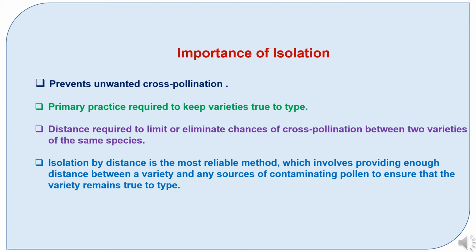Isolation begins with an understanding of the distance required to limit or eliminate chances of cross-pollination between two varieties of the same species. Isolation by distance is the most reliable method, which involves providing enough distance between a variety and any sources of contaminating pollen to ensure that the variety remains true to type.